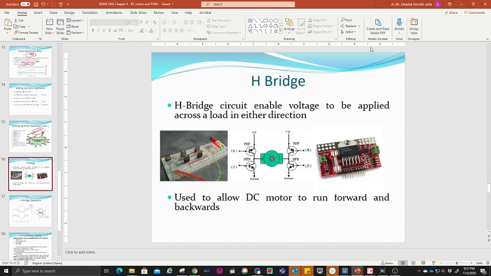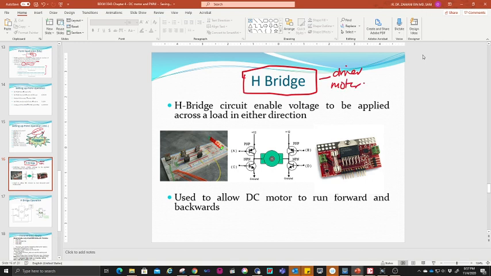Another thing that you need to understand when you want to run and control a motor is the H bridge, or we call it the driver of the motor.